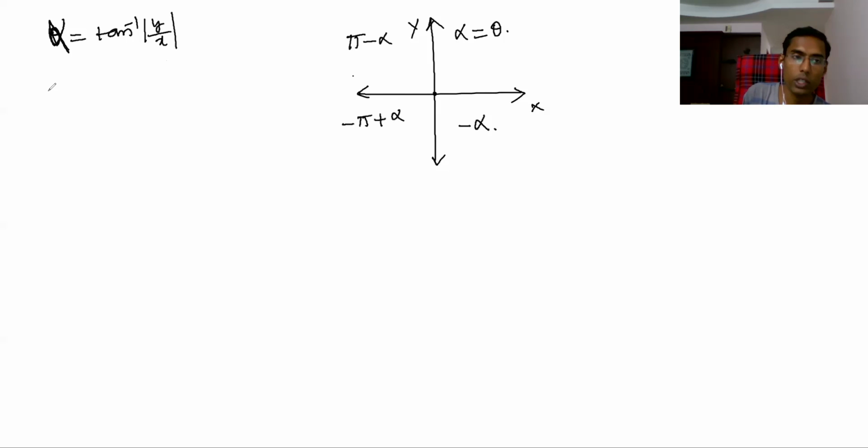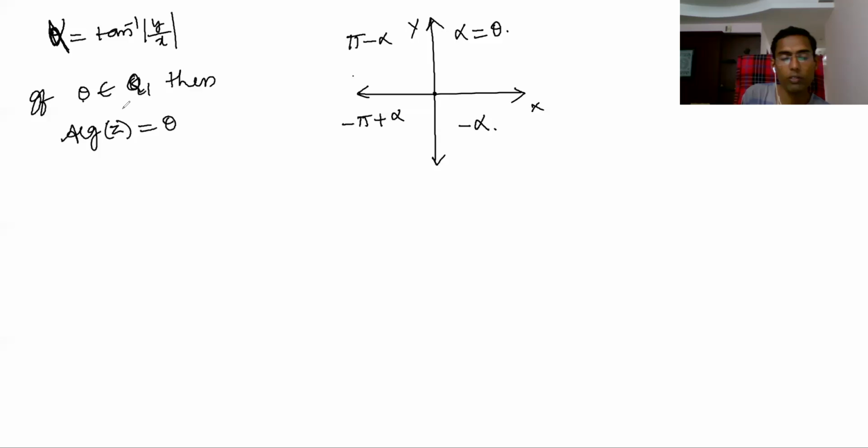That means if theta belongs to the first quadrant, of course here x is positive, y is also positive. Therefore, if theta belongs to Q1, then argument of z is nothing but theta.